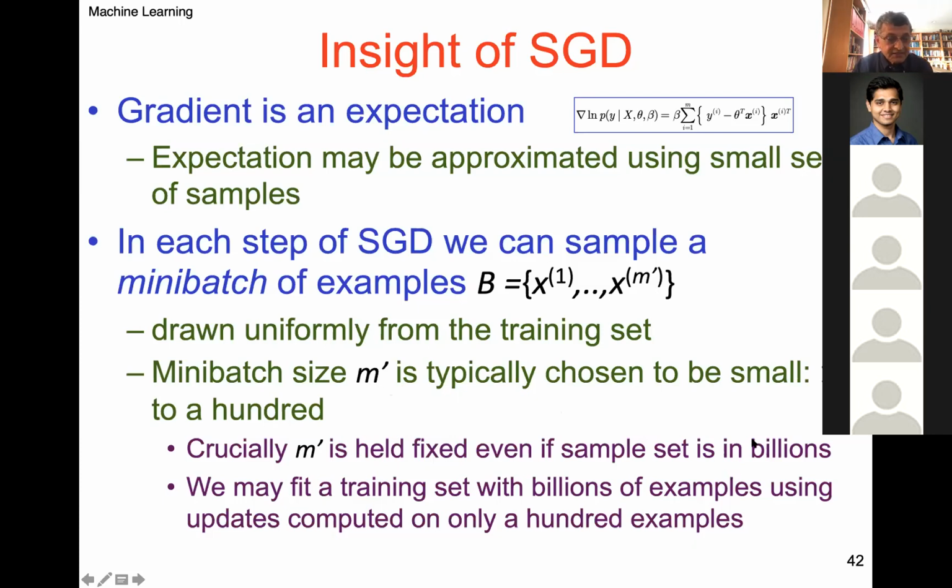In machine learning, we might have very huge training sets. Even if it is very large, you keep M prime small. We may fit a training set with billions of examples using updates computed on only 100 examples. This is one of the principles of stochastic gradient descent, where we decide to compute the derivative. And what are we going to do with this derivative?